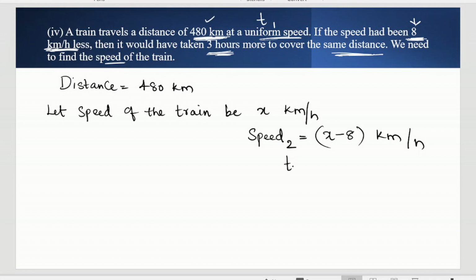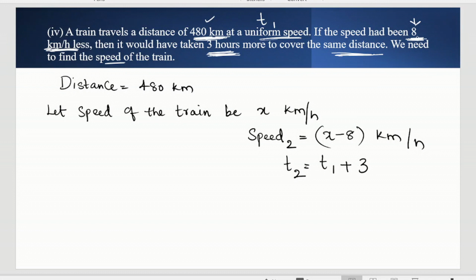That is, time taken in the second scenario is 3 hours more than the first time. That is, T2 will be T1 plus 3. Clear?